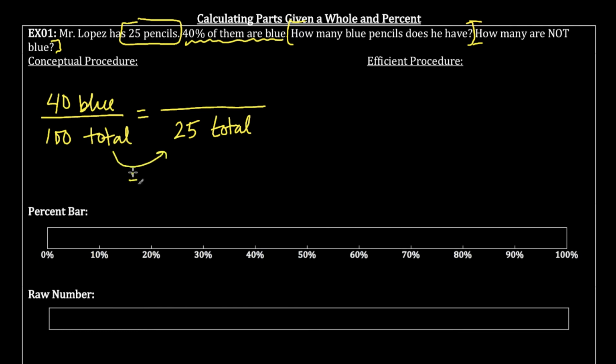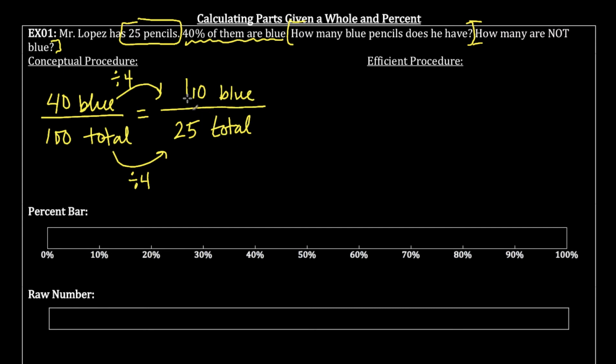In this case, we can divide by 4. 40 divided by 4 is 10. So there are 10 blue pencils out of the 25 that I have.